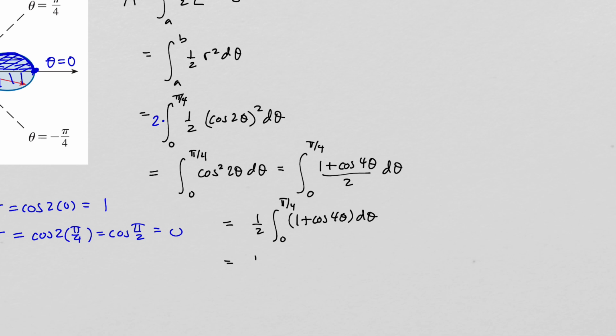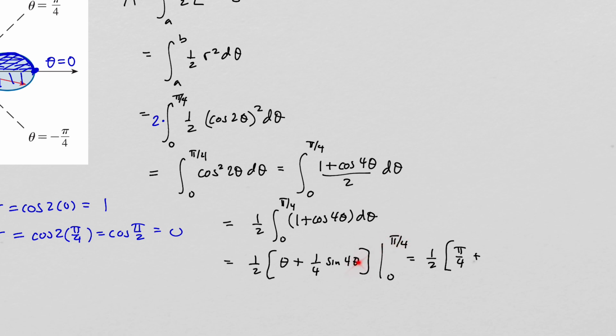And now we'll go ahead and take the antiderivative. And so what we've got here is 1/2 times the integral of 1 with respect to theta, which is theta, plus the integral of cosine of 4 theta, which is 1/4 sine of 4 theta. And this goes from 0 to pi over 4. Now when we plug in pi over 4, we're going to have pi over 4 here plus, now let's think about what happens when you plug in pi over 4 here.